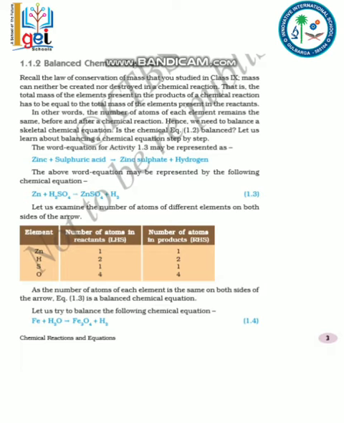So let us learn how to balance a chemical reaction by taking a simple example as given in your textbook.